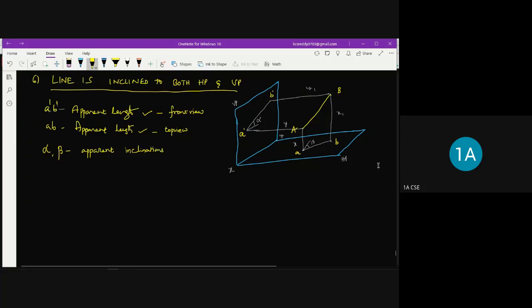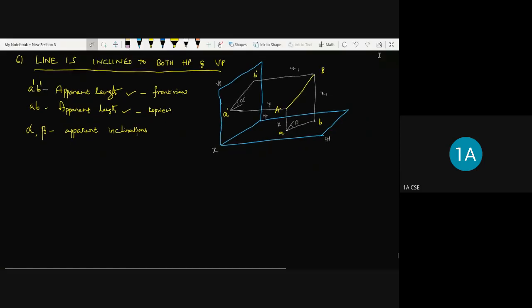This is what we can infer, or conclude, from this diagram.